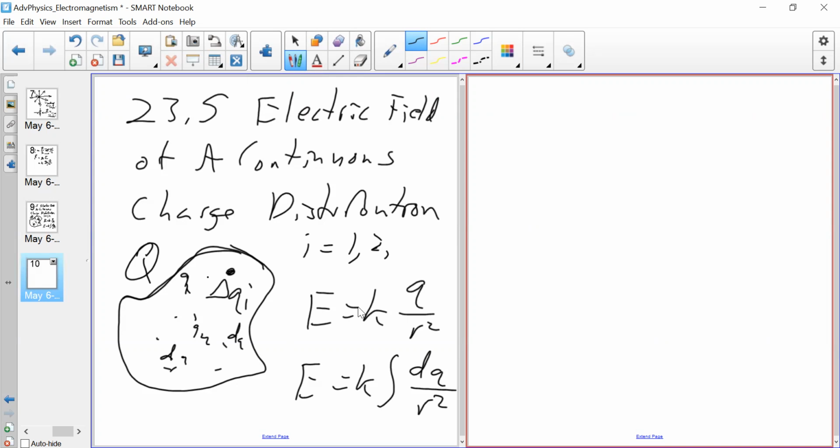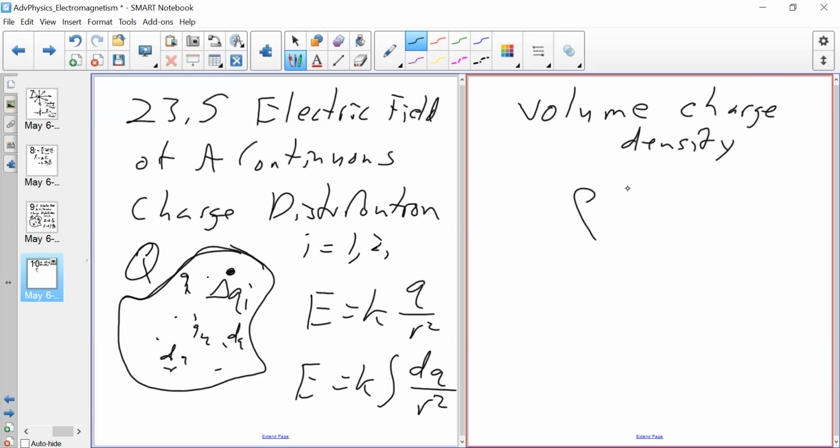So now, if we have a volume, let's say a sphere, we have a volume charge density. They all look like your typical density equation, mass over volume.